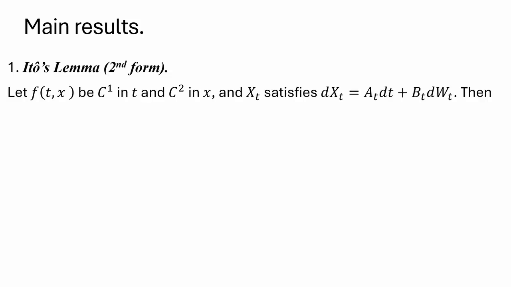And the process X_t satisfies the SDE dX_t equals a_t dt plus b_t dW_t. And we remark that whenever we write something like b_t times dW_t in future, it is implied that b_t is non-anticipating relative to the Brownian motion W_t, unless stated otherwise.